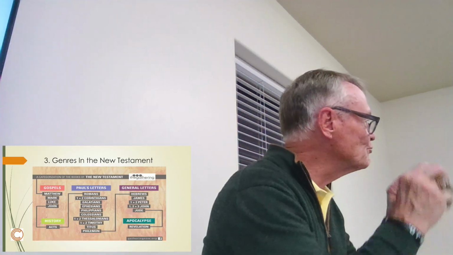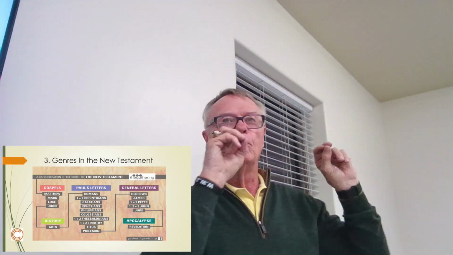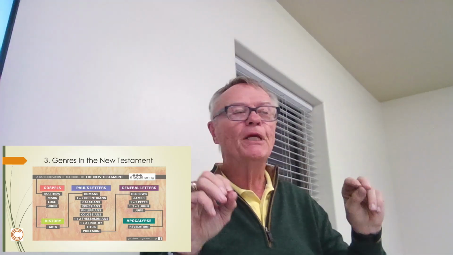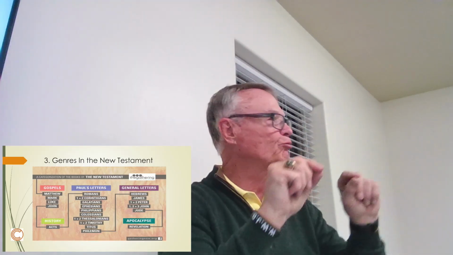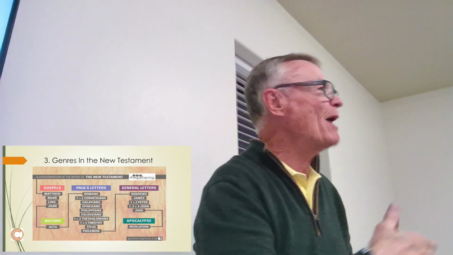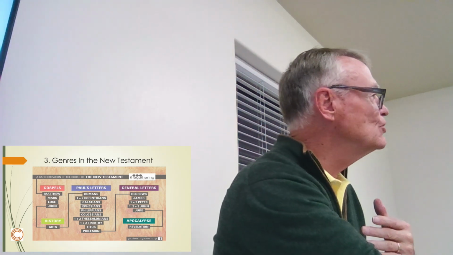The pastoral letters are 1st and 2 Timothy and Titus. The reason they're called that is Paul's on his way to martyrdom, and he's taken his two young proteges aside, and he's pastoring them so that they are able to take over the churches when he leaves. So they're called the pastoral epistles.